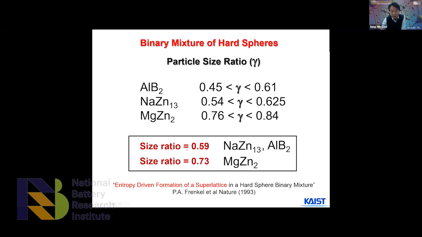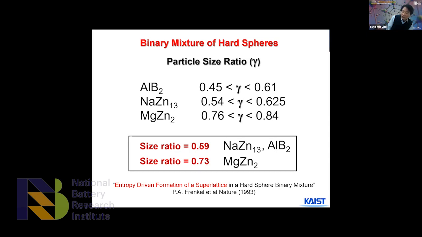If we use our cases, they are reasonably well matched with this condition. So we can say that even though our particles have a soft shell, at this condition they more or less follow a hard sphere model.